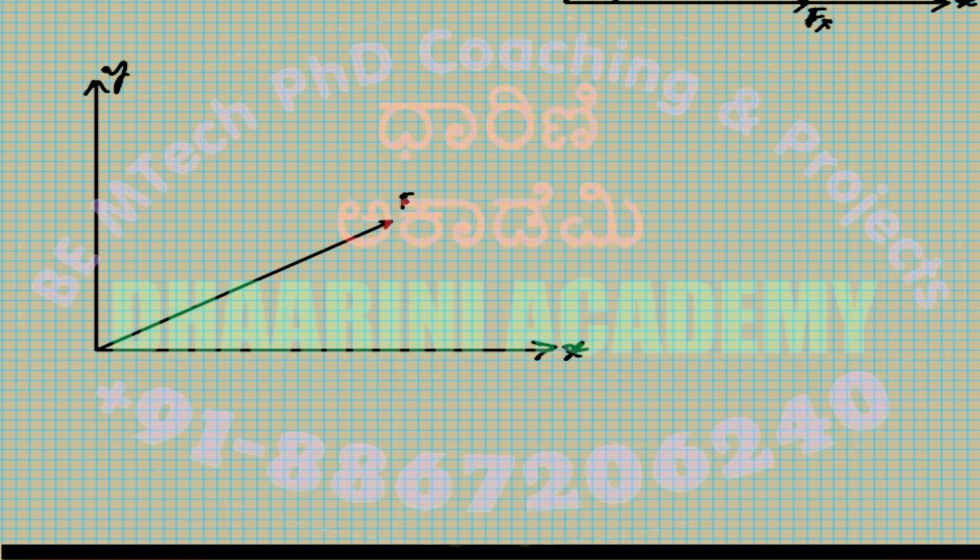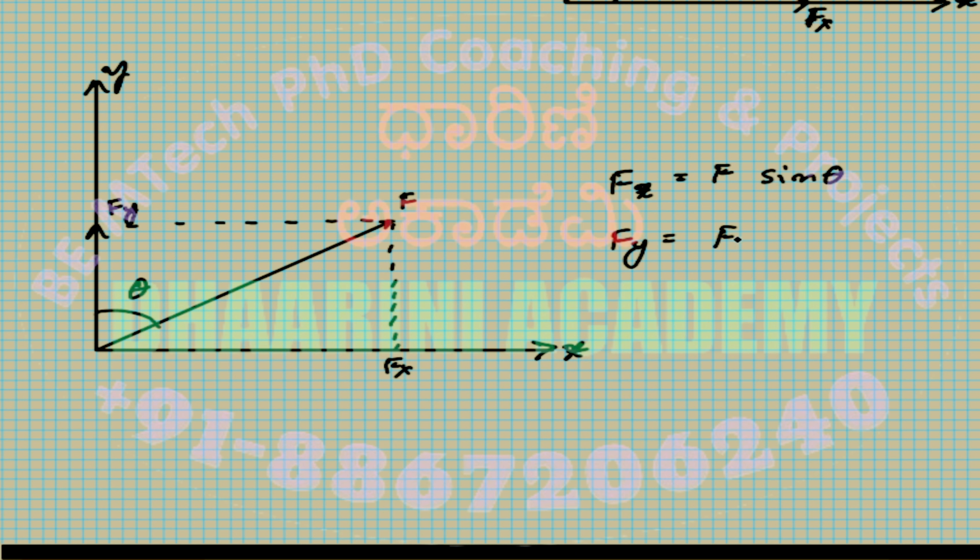This is the force F. Now you see the angle is not measured with respect to x but y. Still I can split this into two components, one along the x-axis and one along the y-axis, Fx and Fy. But the equations change now. For this situation, Fx becomes F sine theta and Fy becomes F cos theta.